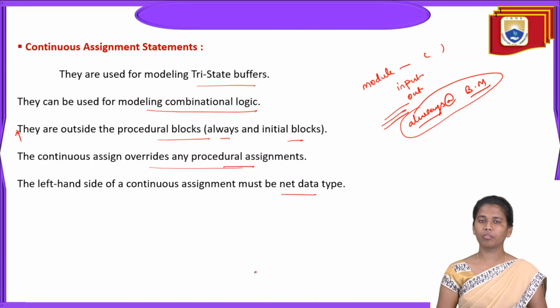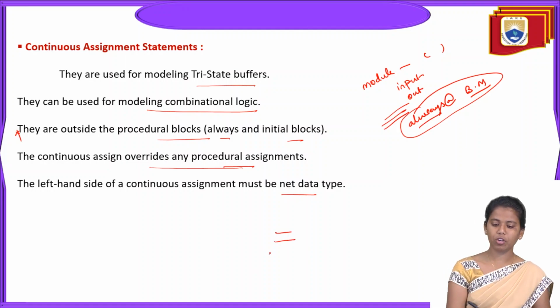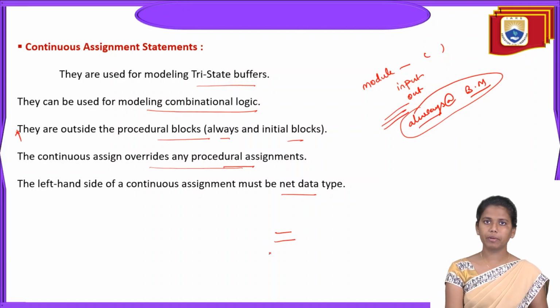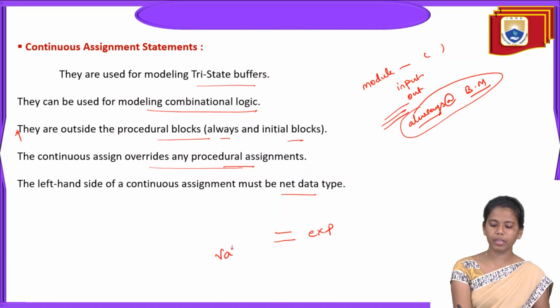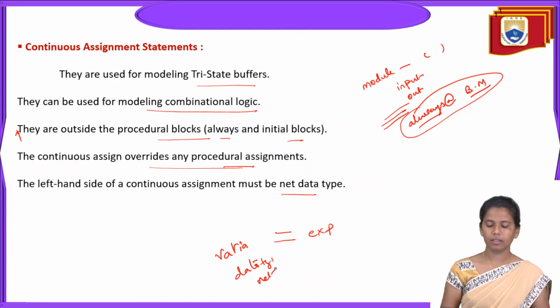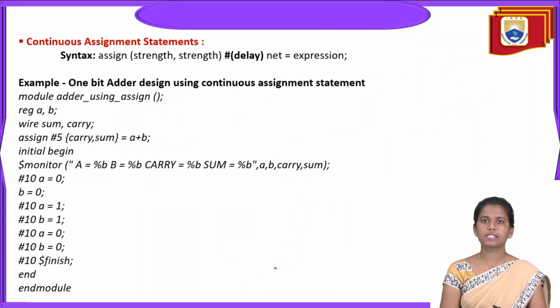Yesterday we discussed a few data types. The right hand side should be an expression and the left hand side should be a variable, which could be in terms of data types or nets, right? We'll see examples.